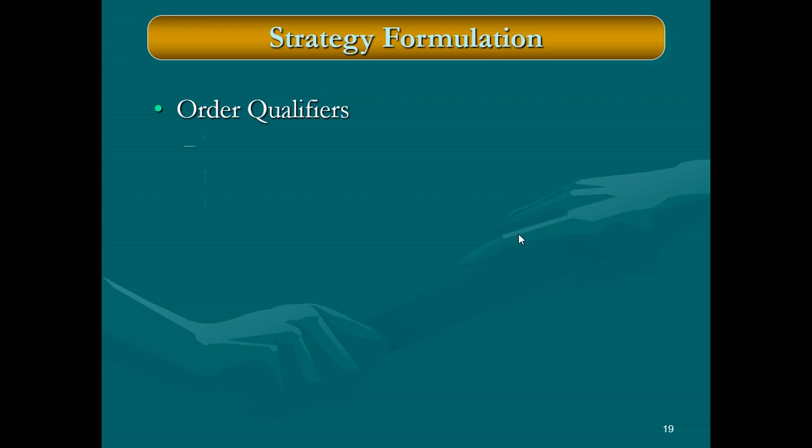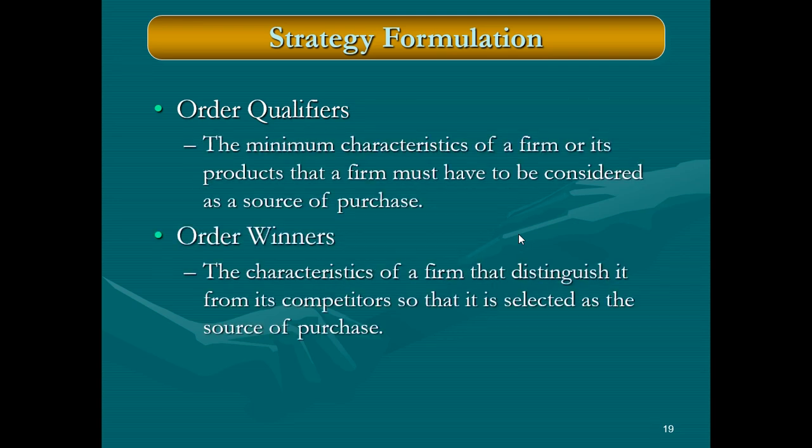Here we will define our order qualifiers as the minimum characteristics of a firm or its products that a firm must have to be considered as a source of purchase.